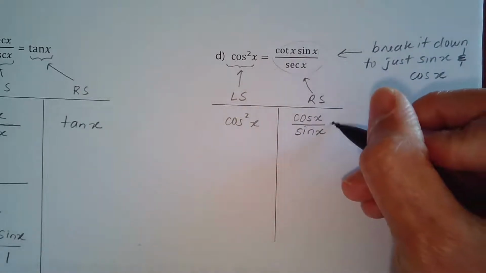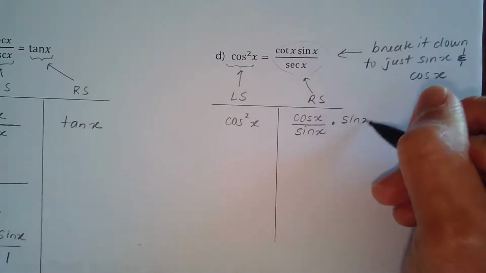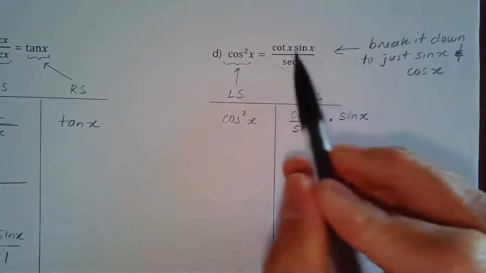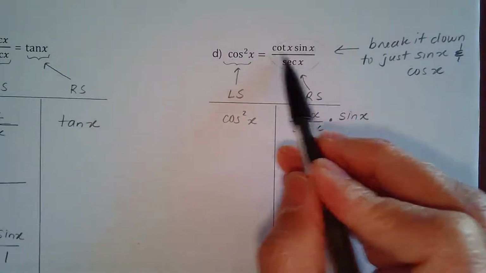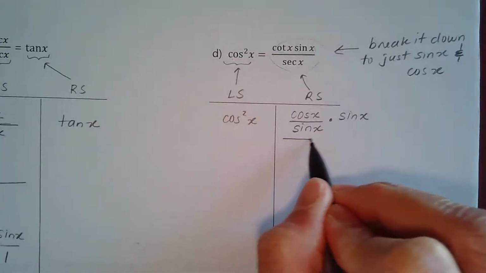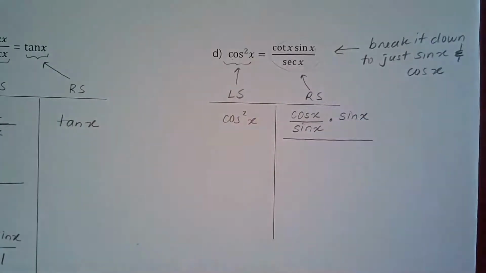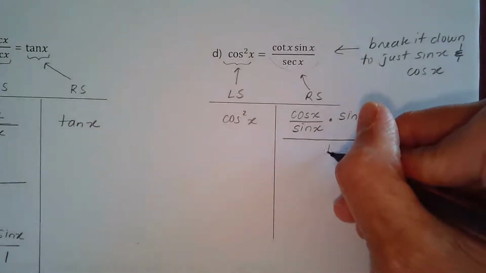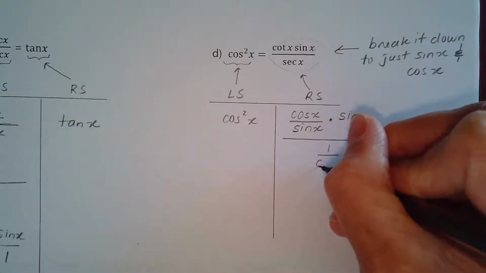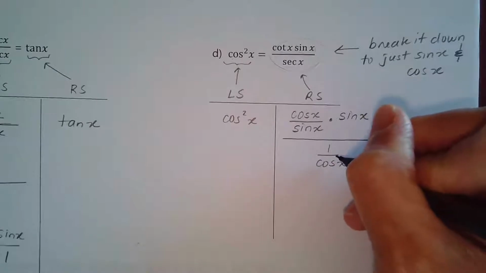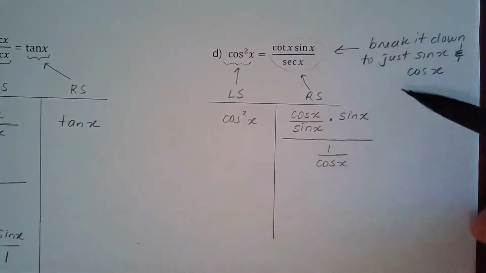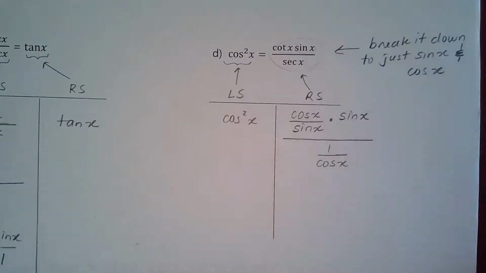So that's just the numerator part. Now the denominator looks like secant of x. Well, what do I know about secant of x? Secant of x is 1 over cos of x. As you can see here, we're using a lot of the reciprocal functions.